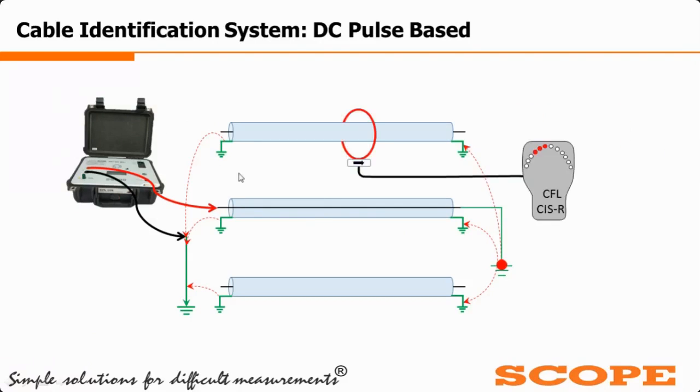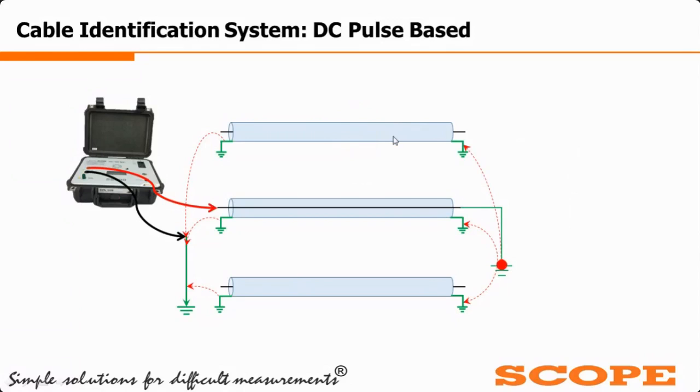Whenever the current clamp is directed away from the source, if we connect to any unwanted cable, the current will flow in reverse direction, so that our CFL CIS receiver, meaning cable fault locator cable identification system receiver, will show you red LED indications, so that you can identify this is an unwanted cable.